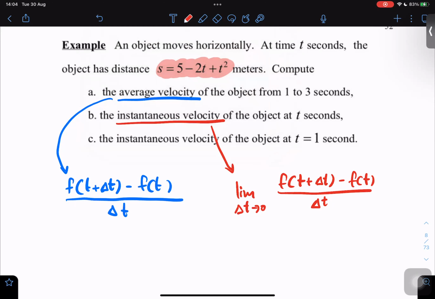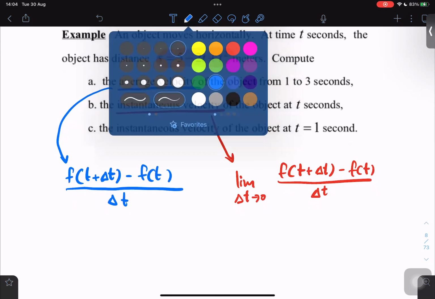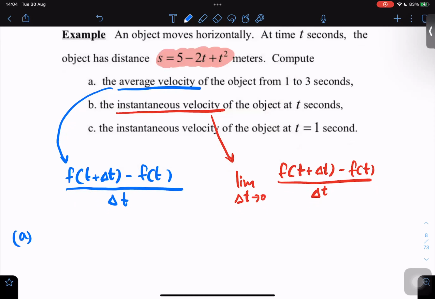So first let's find the average rate, the average velocity.